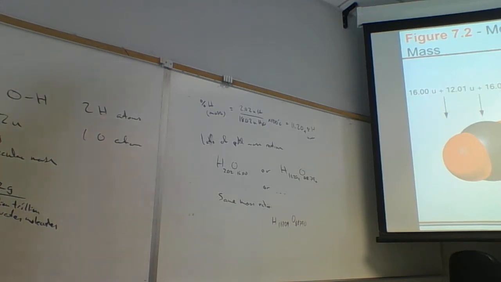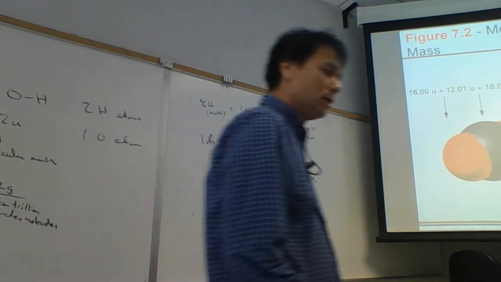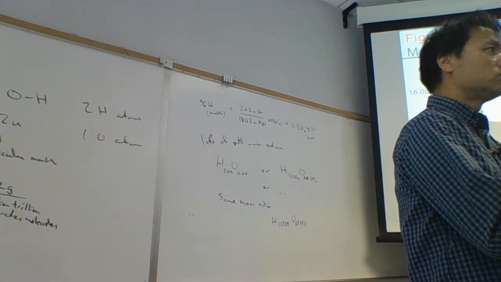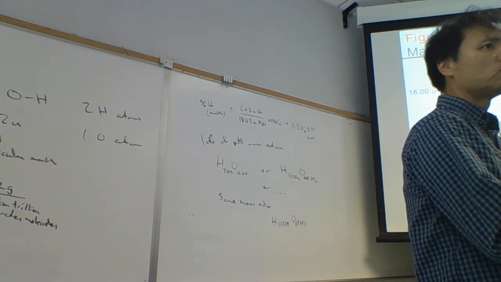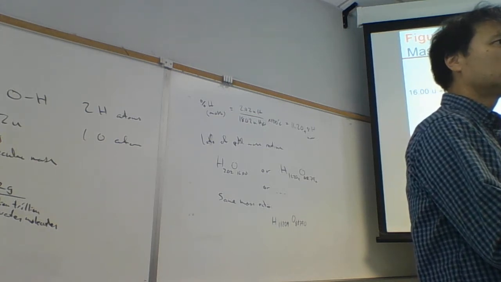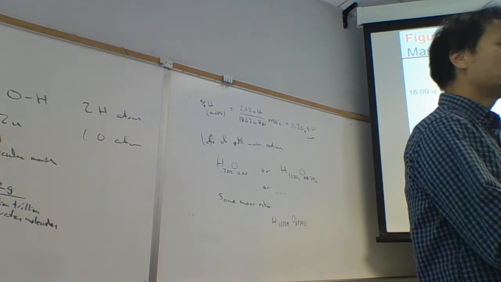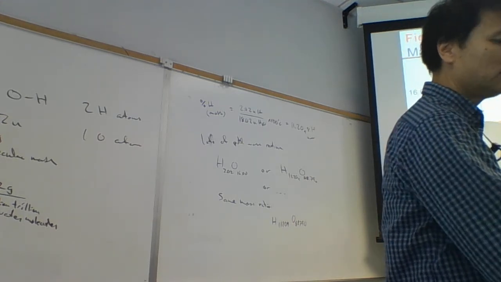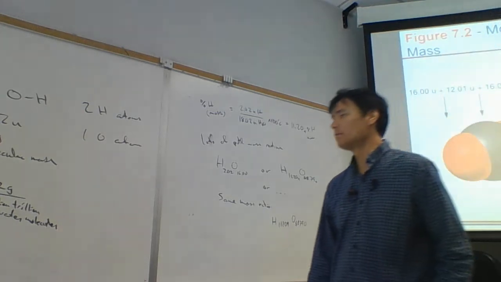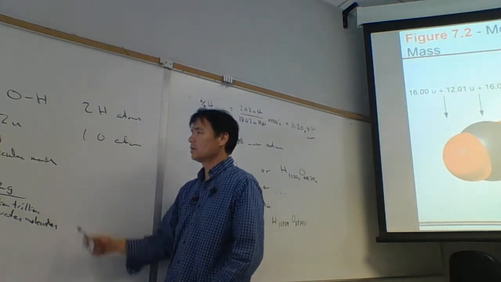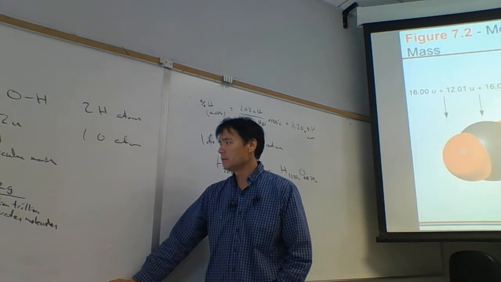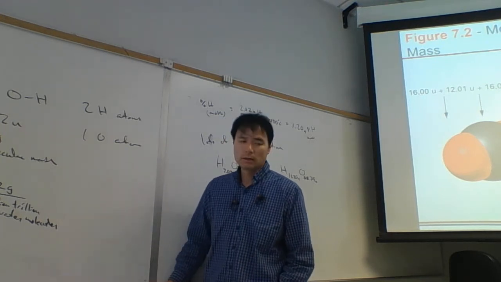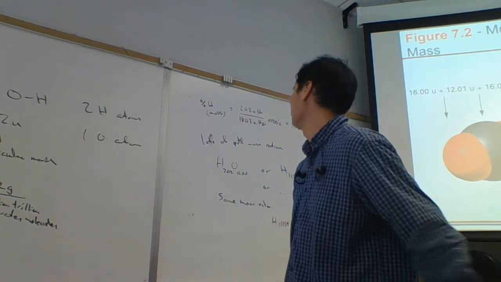And then I know that 18.02 grams should have a volume of about 18.02 milliliters because water has a density of 1.0 grams per milliliter. And so all I did here was I measured out about 18.02 milliliters, and then I could figure it out based on this relationship. We've got to talk about this relationship in a little bit, but I'm just introducing it now.